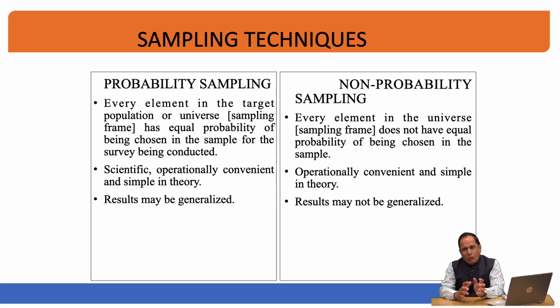Now, why we should go for randomized or non-randomized, and what is difference between them, and what is importance and which one is better? So, let us start from the better.